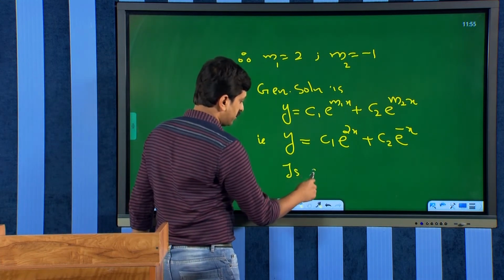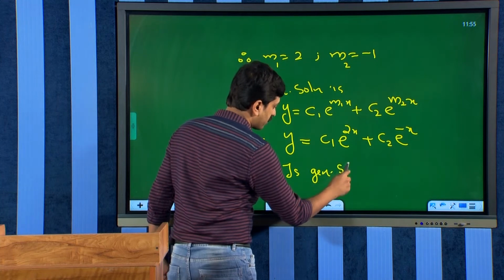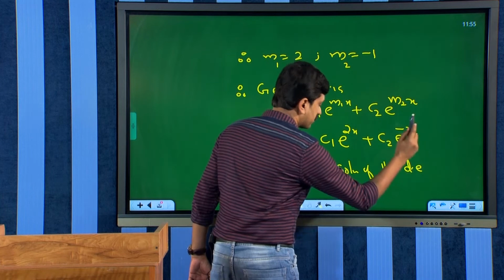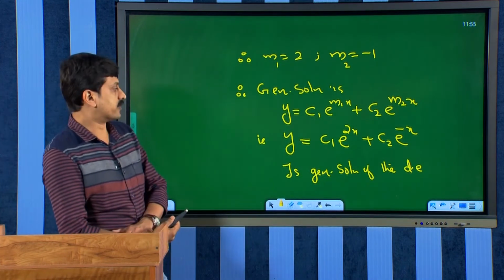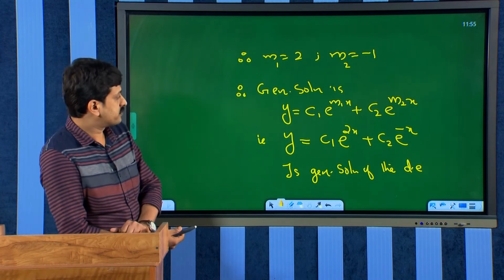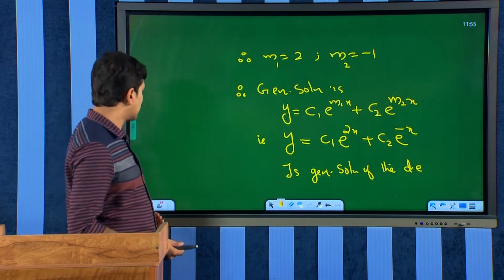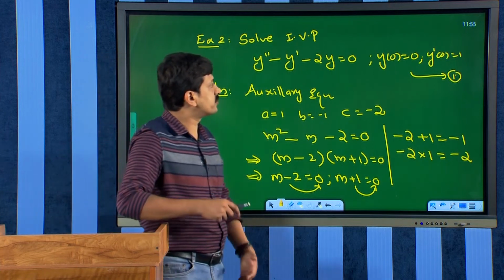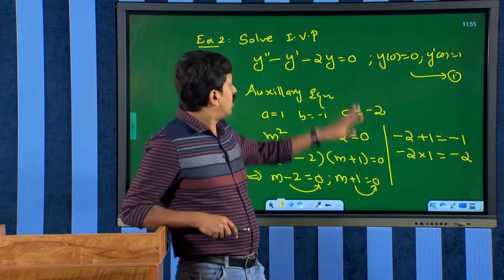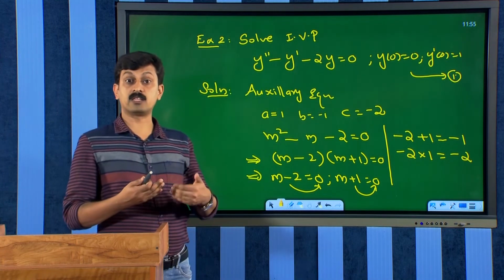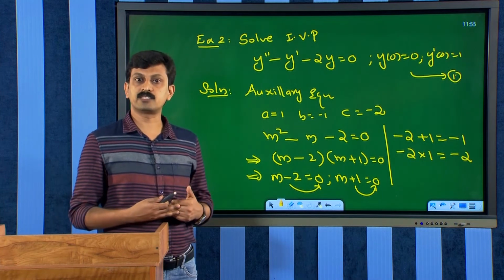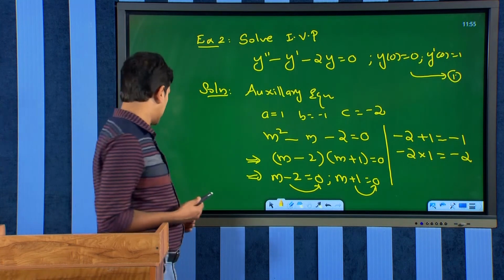We have initial conditions in this question, y of 0 equal to 0 and y dash of 0 equal to 1. We can apply the initial conditions to get the particular values for c1 and c2, and then find the particular solution for this question.